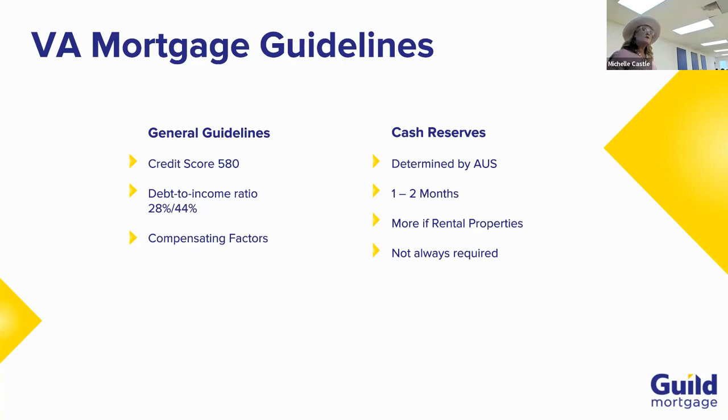Now, if someone's got a 520 credit score and we're going VA, then we're going to be looking at that file very closely, because we have to make sure that they're still going to make their payments. So if they have a history of not making payments recently, it's likely not going to go through. But if they've got low credit scores because maybe they had a heart attack and they've got these big medical bills, but before that they had great credit, afterwards they have great credit, they just haven't recovered in score, then it might work just fine.